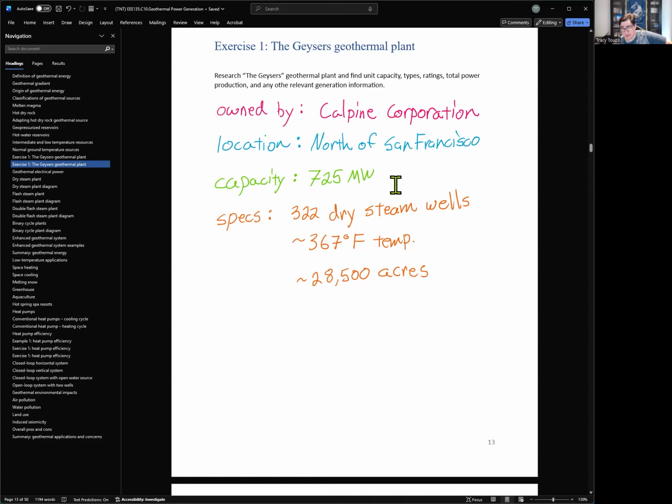In terms of the geothermal specs, there are 322 dry steam wells, at roughly 367 degrees Fahrenheit on average. The site is about 28,500 acres. To give you perspective, a California home is probably on a quarter acre lot, so this is probably 100,000 homes equivalent in terms of space usage.